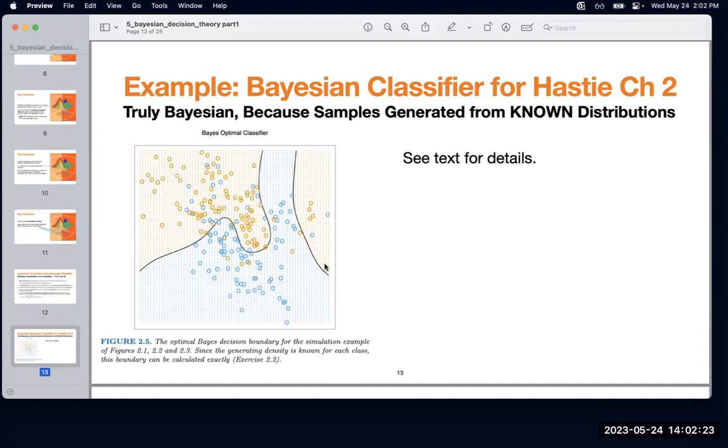And because these are generative models, if I go the other way around, if I actually generate my data completely by using a Bayesian model, or a generative model more generally, then I would be able to perfectly estimate or recover the original decision boundaries of the distribution that had generated those inputs.